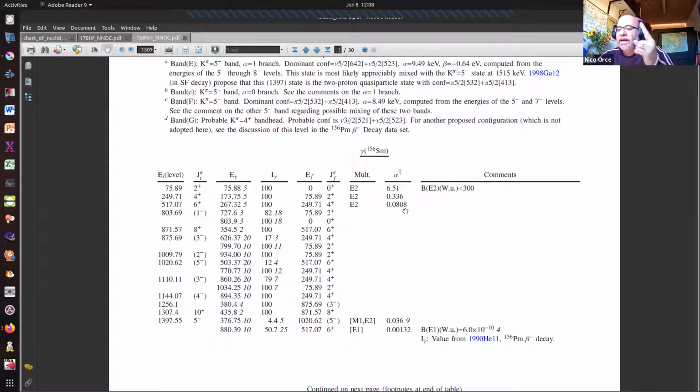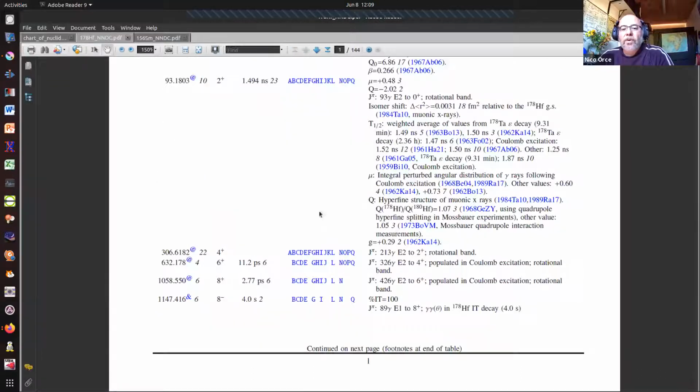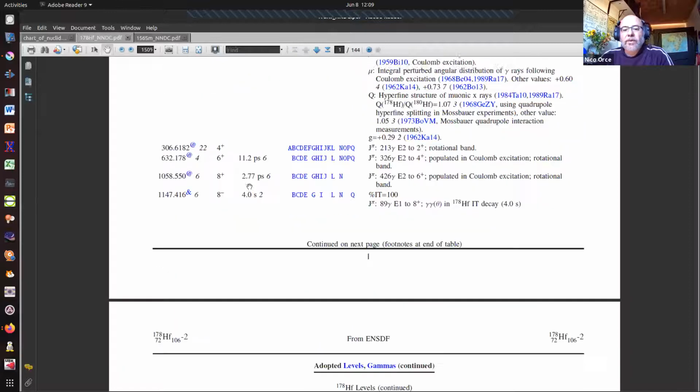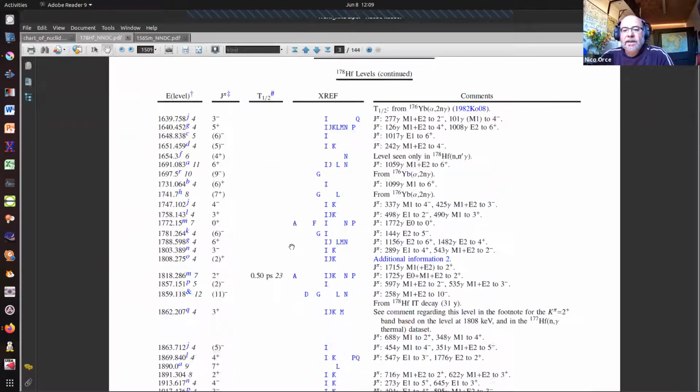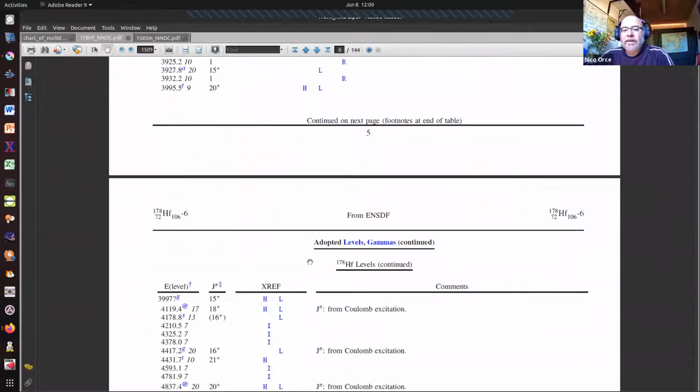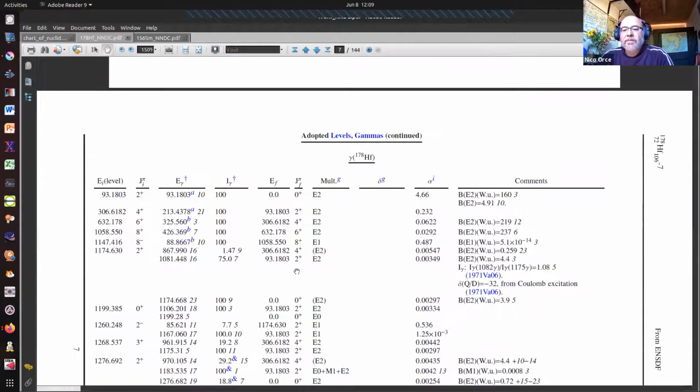So let's say a unit of 1 is for a single particle excitation where you have no collectivity. For this fellow, if we go down to the gammas, you see 160 Weisskopf units as compared to 1 Weisskopf unit, which will happen for an ideal single particle excitation from here to here, right?